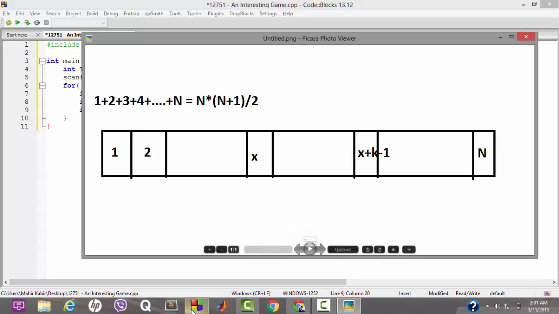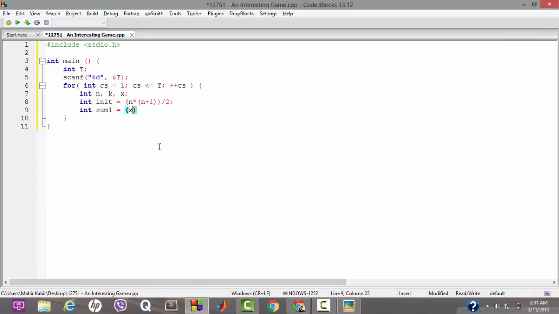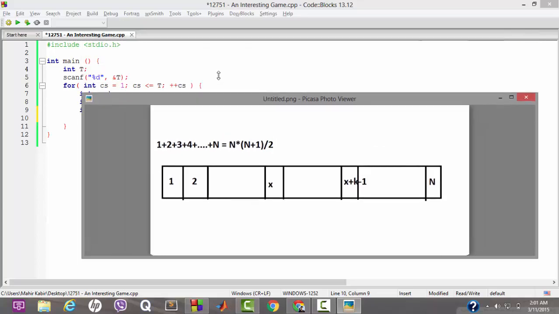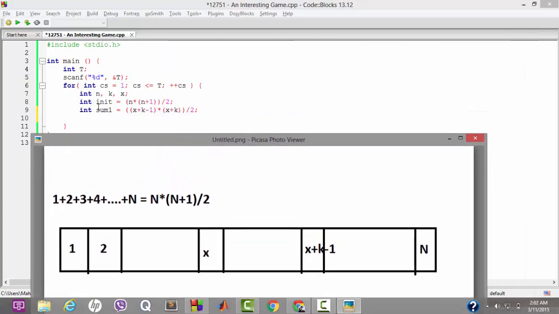So the equation will be x plus k minus 1 into x plus k minus 1 plus 1, and that plus 1 is for this portion, so we can rewrite it as x plus k, and then we will divide it by 2. So sum1 will give the summation from 1 to x plus k minus 1.